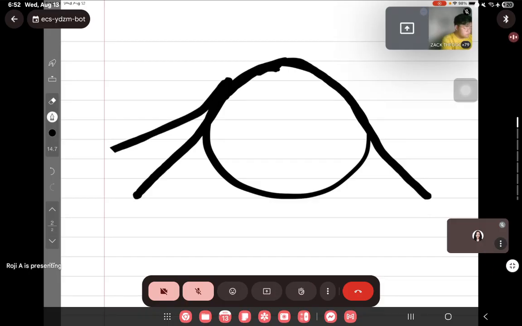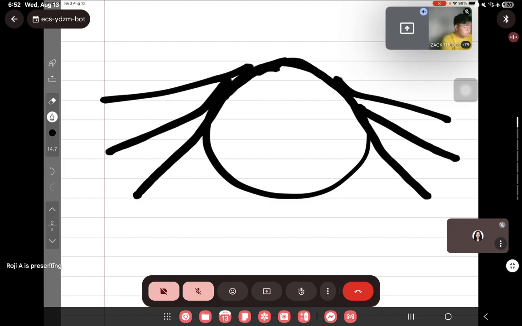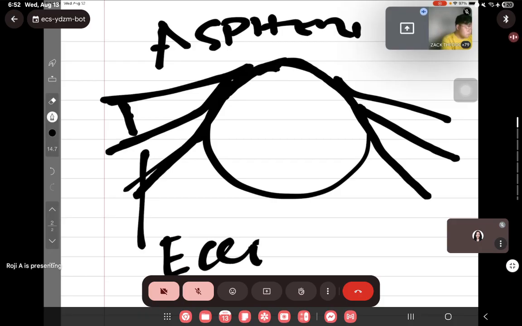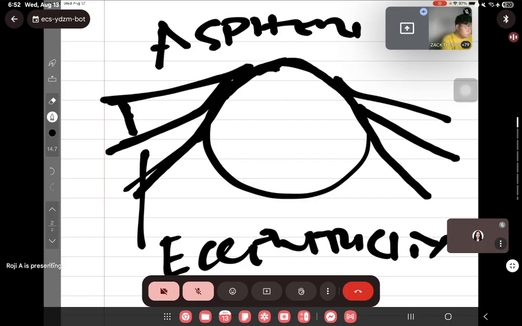So this amount of flattening is called asphericity, correct? And that amount of flattening, to be more detailed, is called the eccentricity value. Okay, that's your eccentricity value. Are we clear so far? Any questions? Okay, no questions? All right, wonderful.